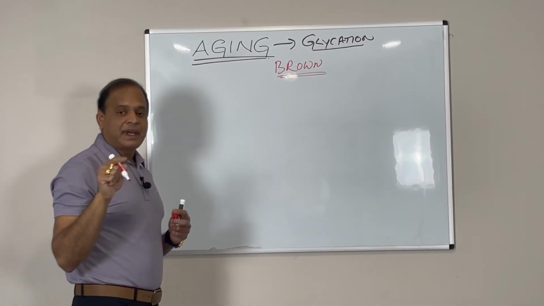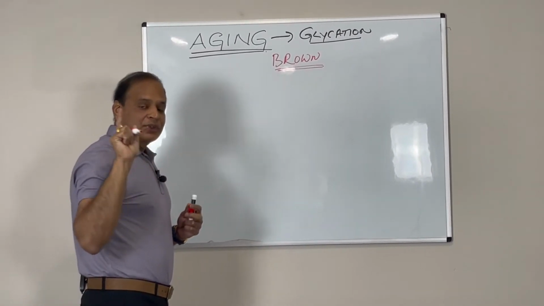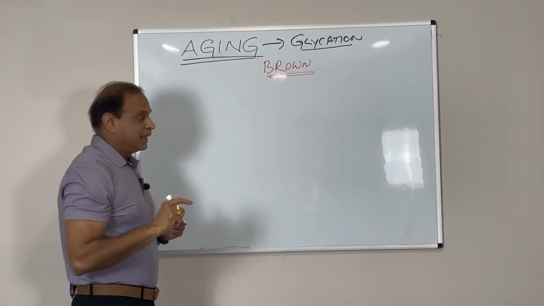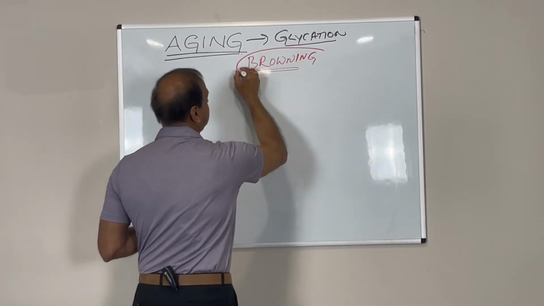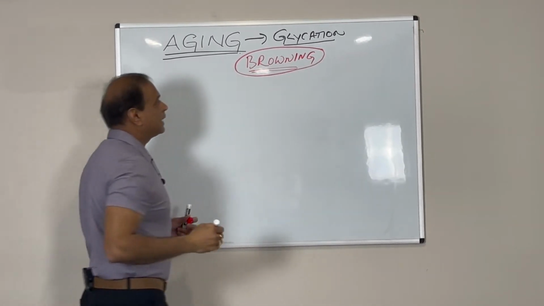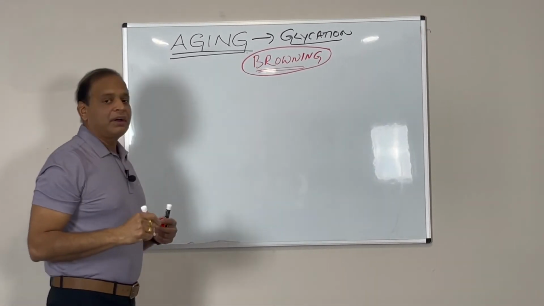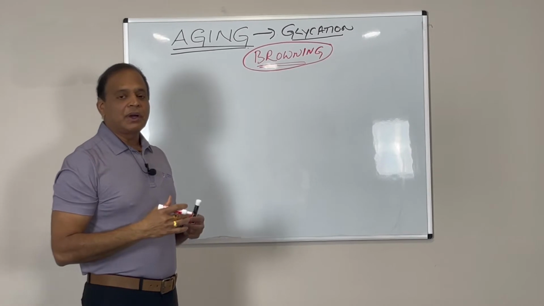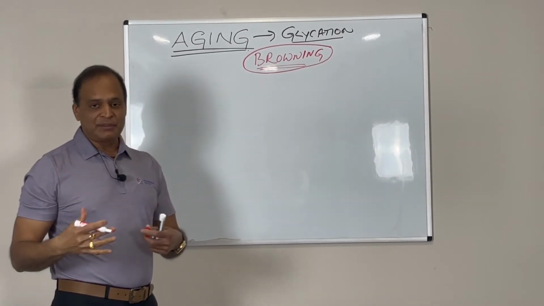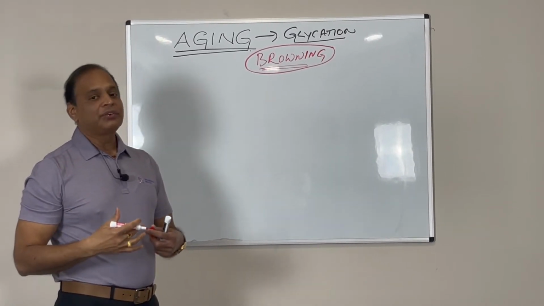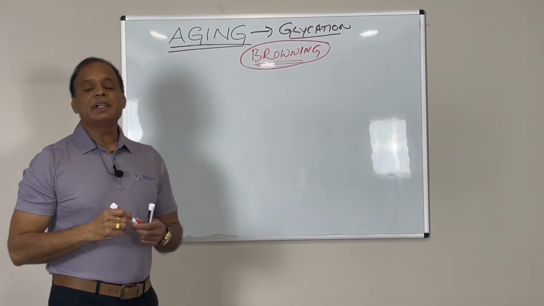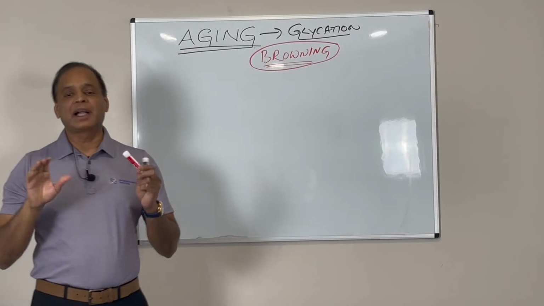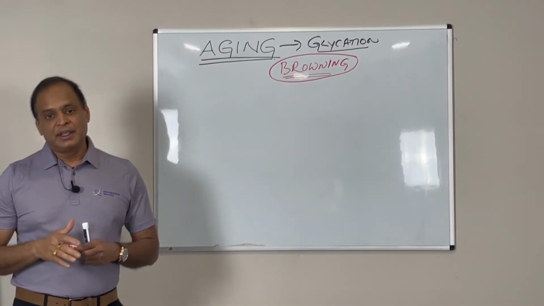This was invented back in 1912, and the name is going to be listed on the screen. So this Browning reaction is nothing but glycation, or what is also called caramelization of your proteins, which is hemoglobin. So this is the inevitable and also undeniable part of our aging.